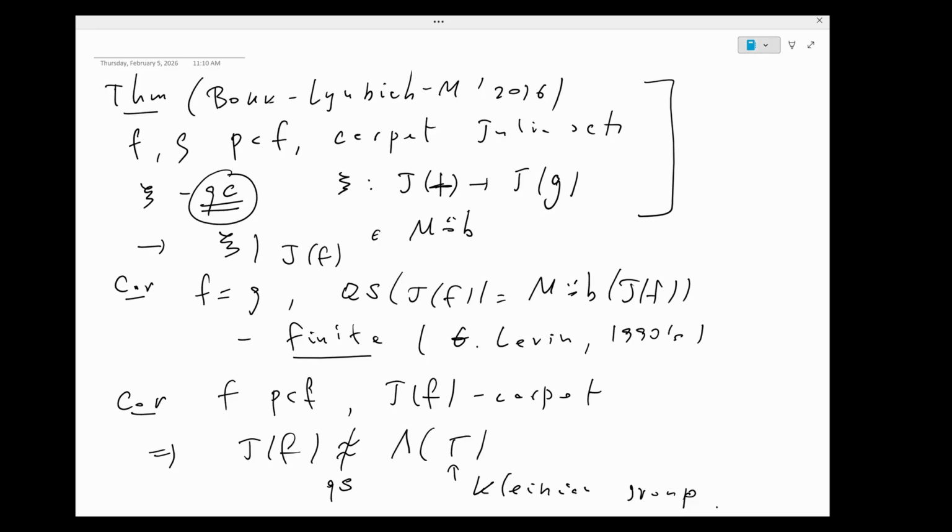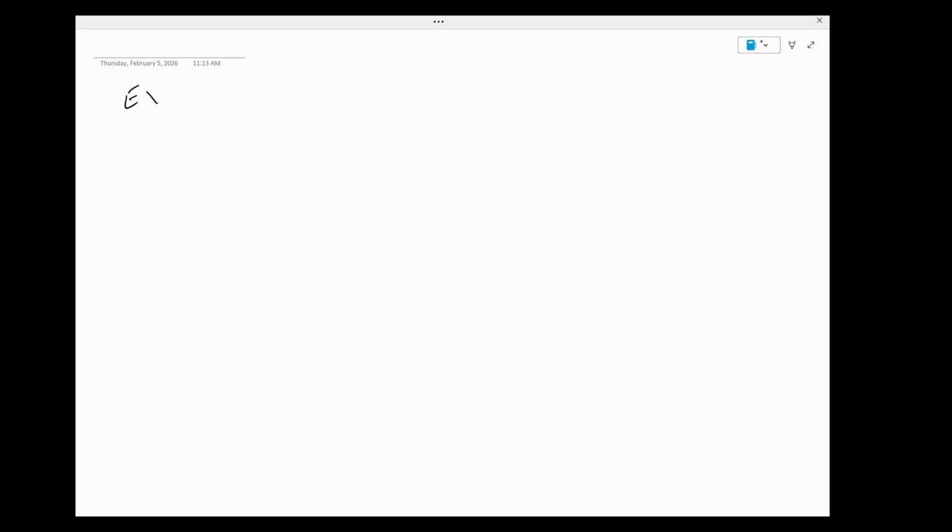Just going back to this example that I already mentioned, z squared minus 1 over 16 z squared. Sorry, why is it not a Kleinian group limit set?